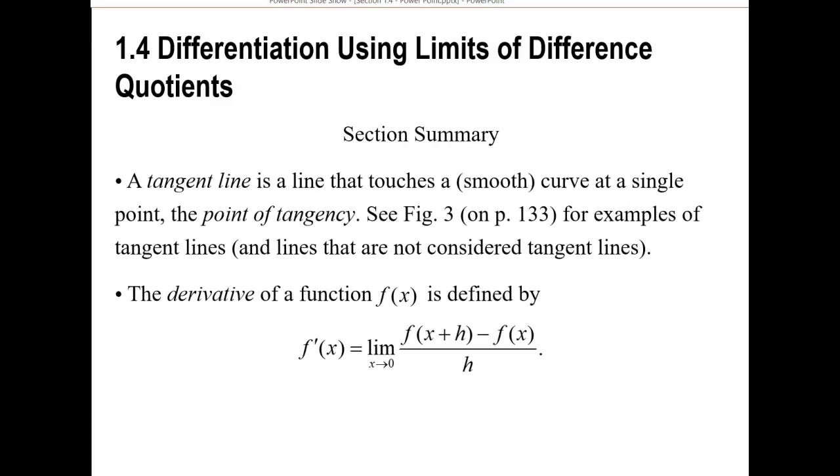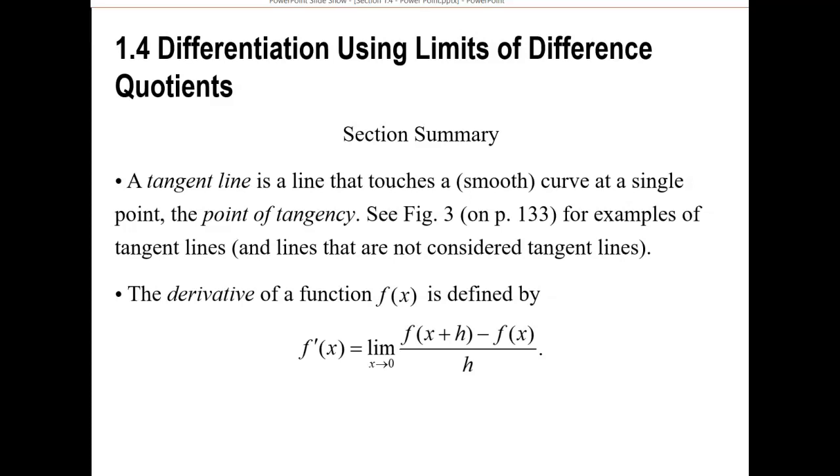All right, so our summary. A tangent line is a line that touches a smooth curve at a single point. Okay, it references pages in your textbook for more examples.